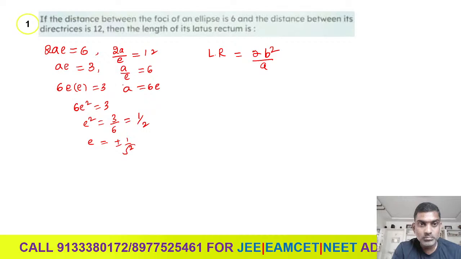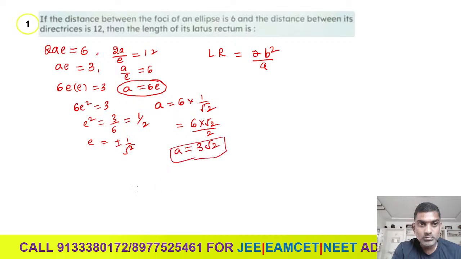A is equal to 6 times E, so A is 6 times 1 by square root of 2. We get 6 times square root of 2 divided by 2. This is 3 times square root of 2. The value of A is 3 times square root of 2.